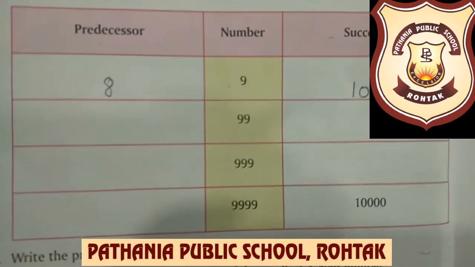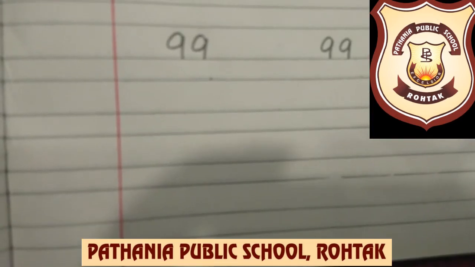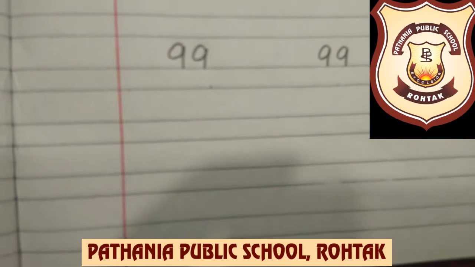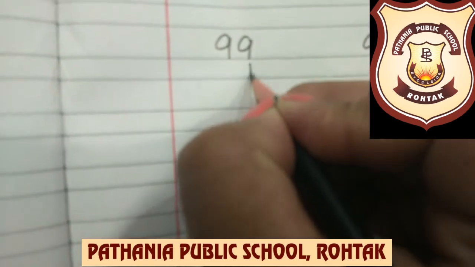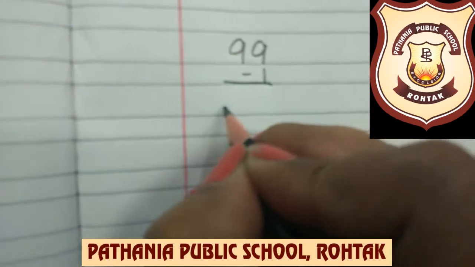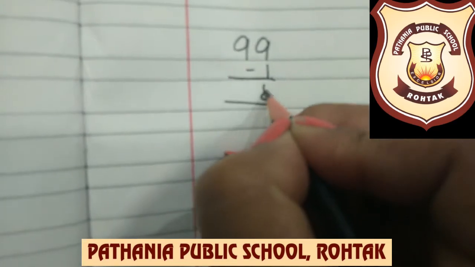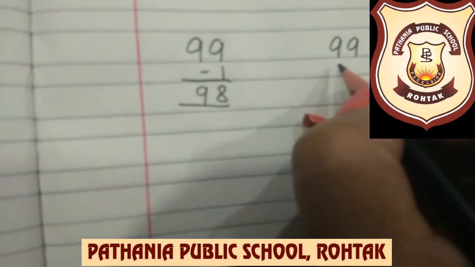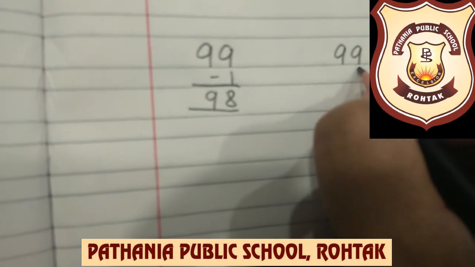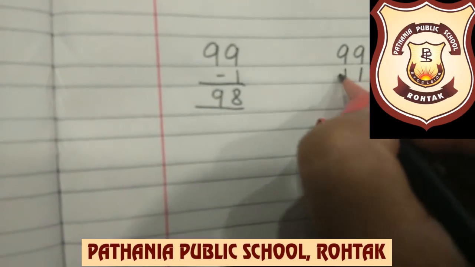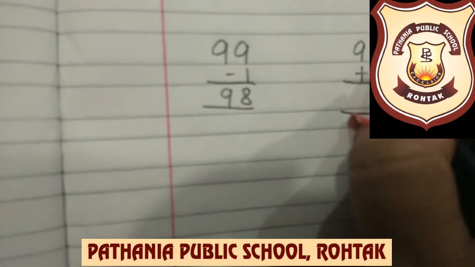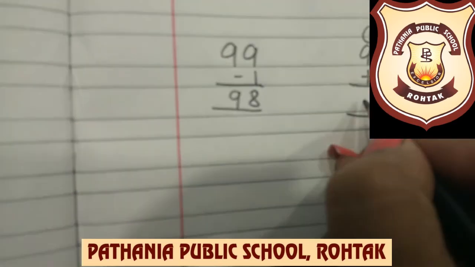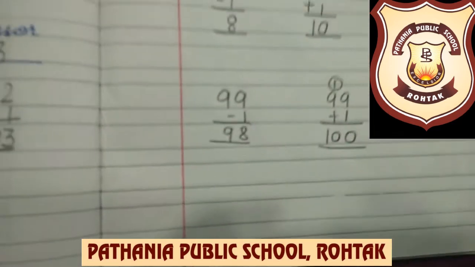Now next is 99. For finding the predecessor of 99, what will we do? Yes, we will subtract 1 from it. 9 minus 1 is 8. 9 will remain the same. And for finding the successor of 99, what will we do? Yes, plus 1. So 9 plus 1 is 10, 0 and 1 carry, 9 plus 1 is 10.